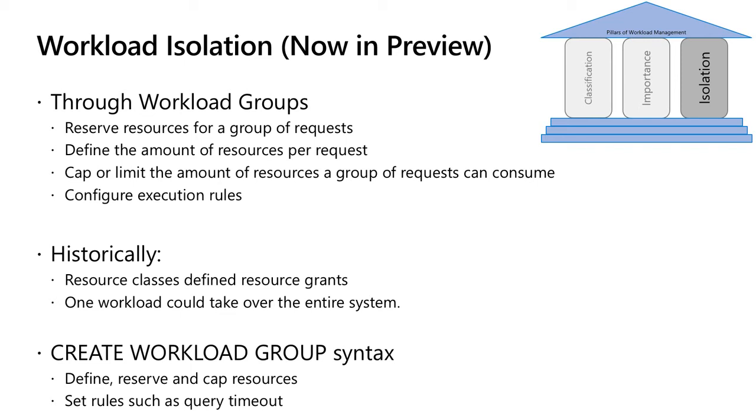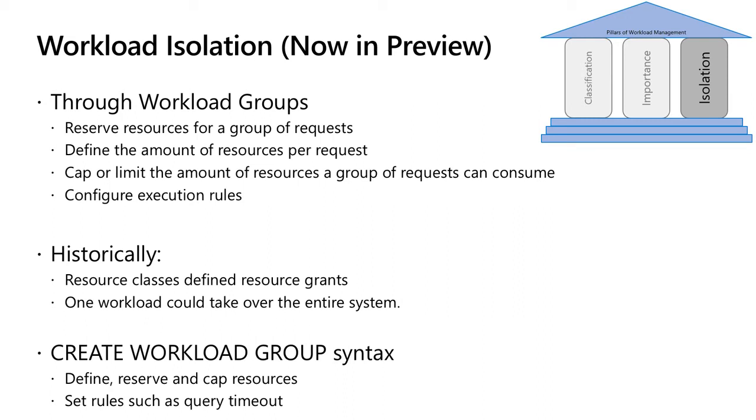No more concurrency slots. Okay? So if I want to assign 3.25% resources per request, I can do it. Okay? If I want something between small RC and medium RC, like a 7% memory grant, I can do it. Okay? It's up to me. I decide what I want my resources per request to be.